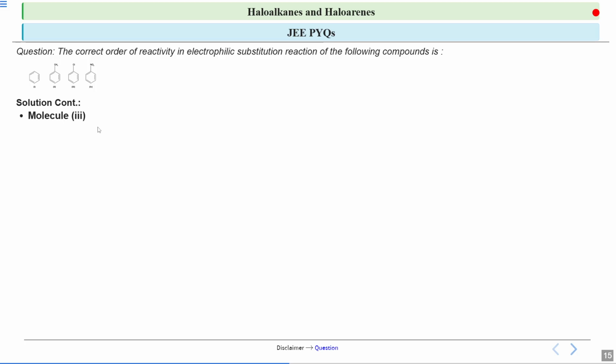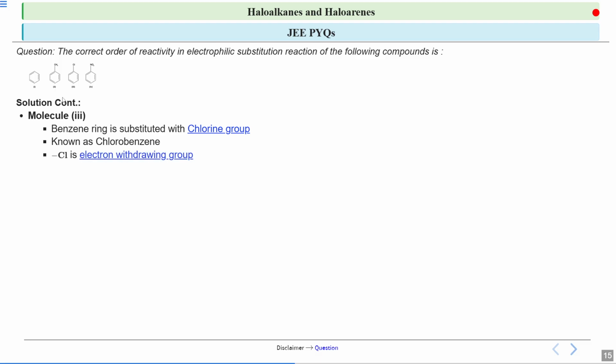Now the third molecule, in which the benzene ring is substituted with a chlorine group. This compound is known as chlorobenzene. Chlorine present on the benzene is an electron withdrawing group. That means it will withdraw electrons from the benzene ring, decreasing its electron density through minus I effect, and also increasing the electron density through plus R effect.